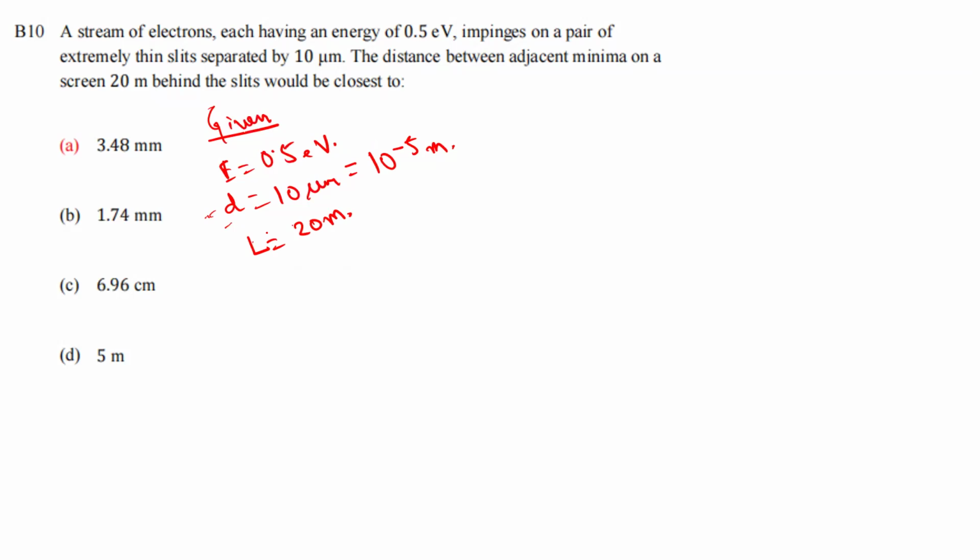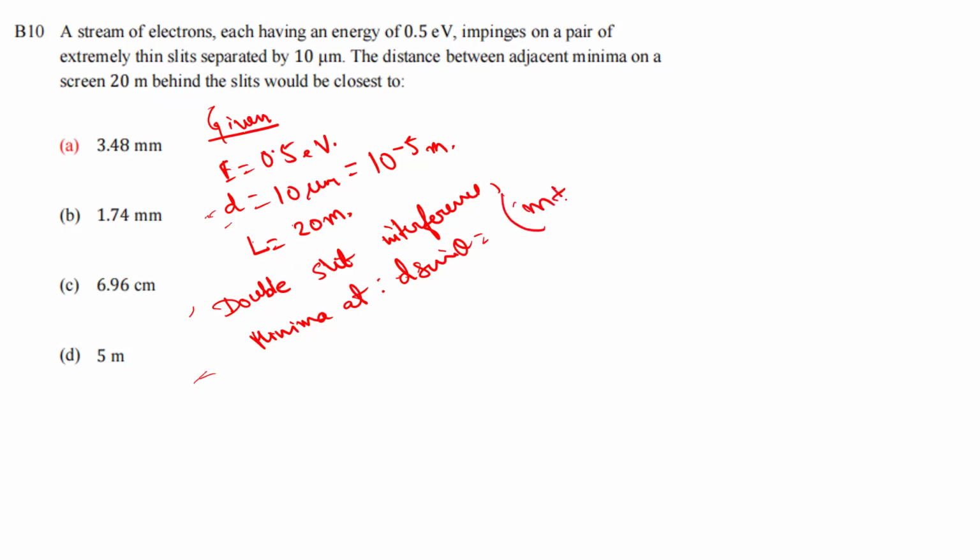So this is double slit interference. In double slit interference, we can write minima at d sin theta equal to (m plus half) lambda, not an integral multiple.